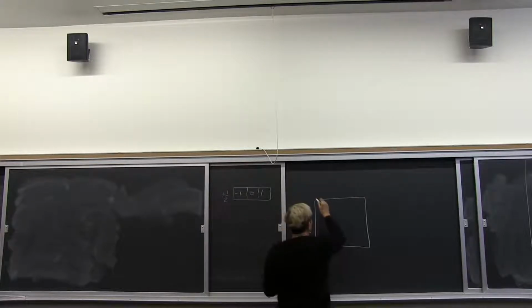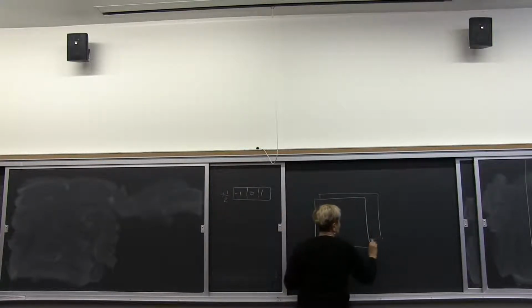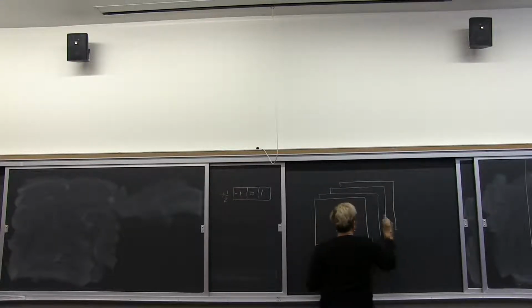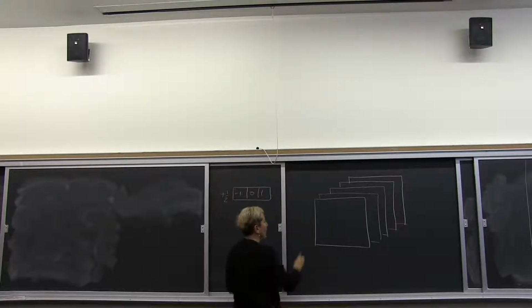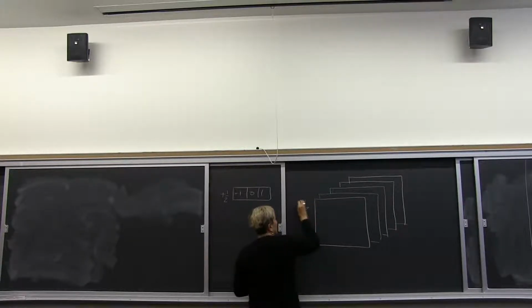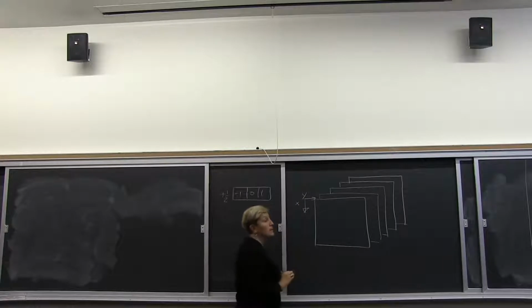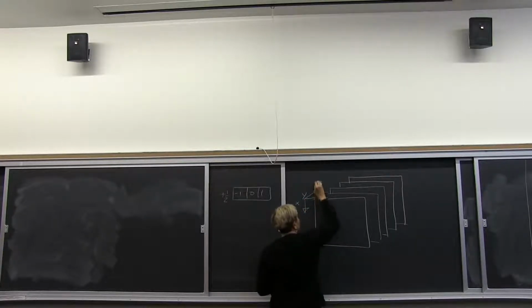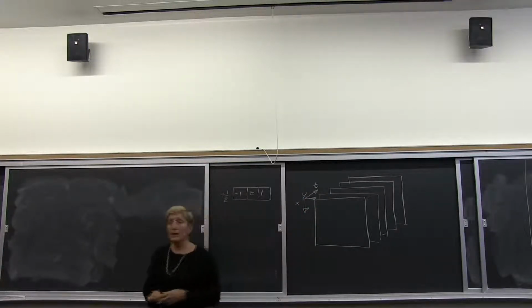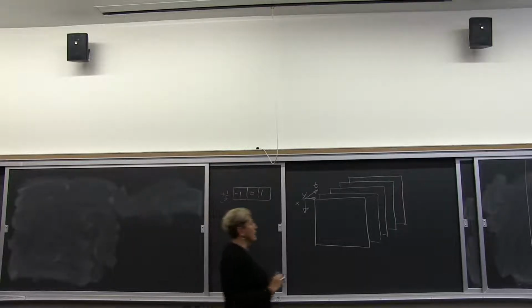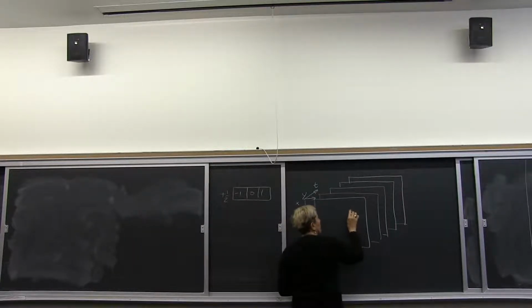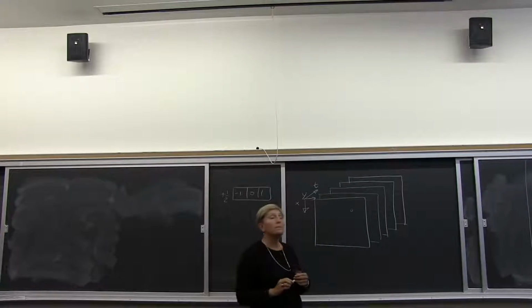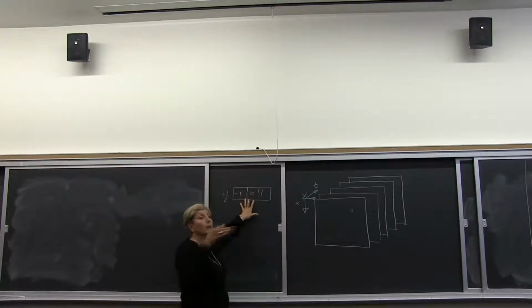My video is made of many frames, with X, Y like this and time like that. For every pixel in every frame, you apply this filter in the temporal direction.